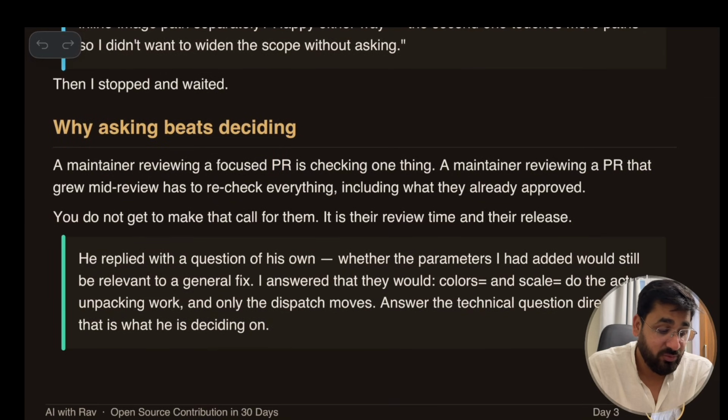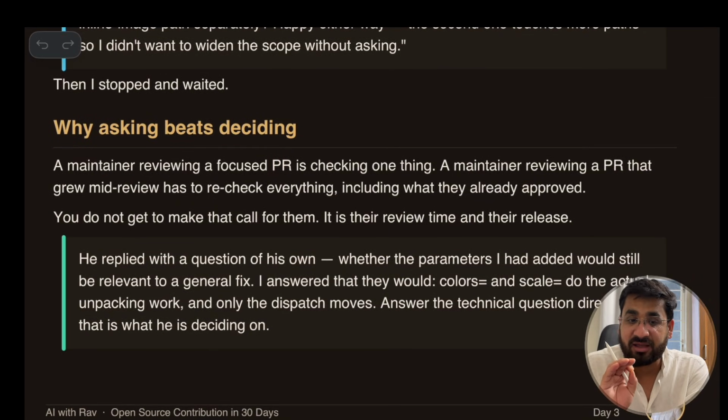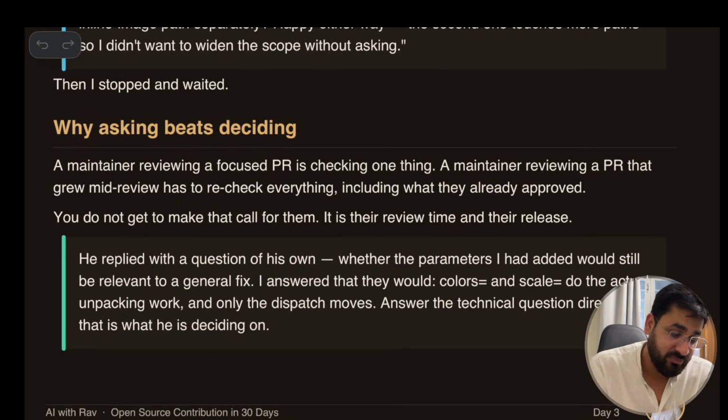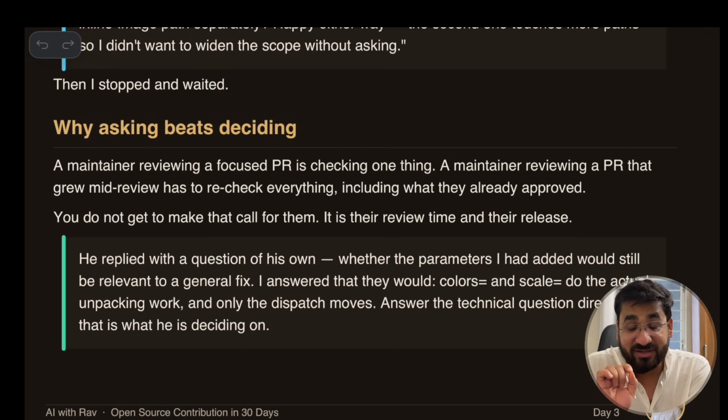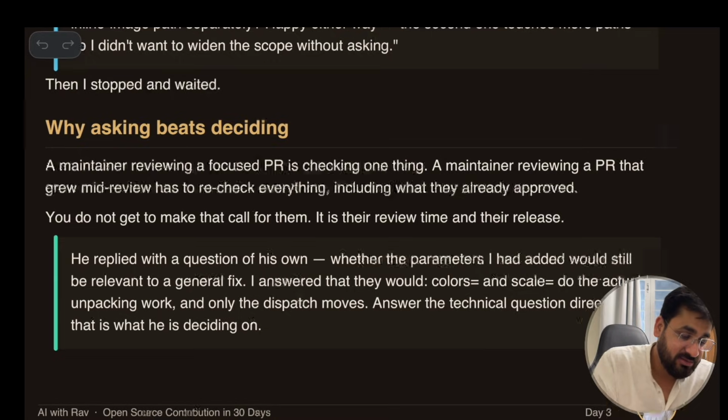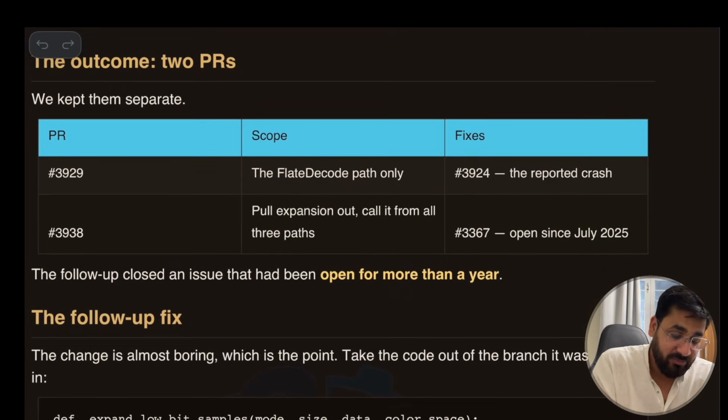He replied, do you think whatever parameters you have added into the method will work in this general case as well, or not? I did that analysis and replied to him.